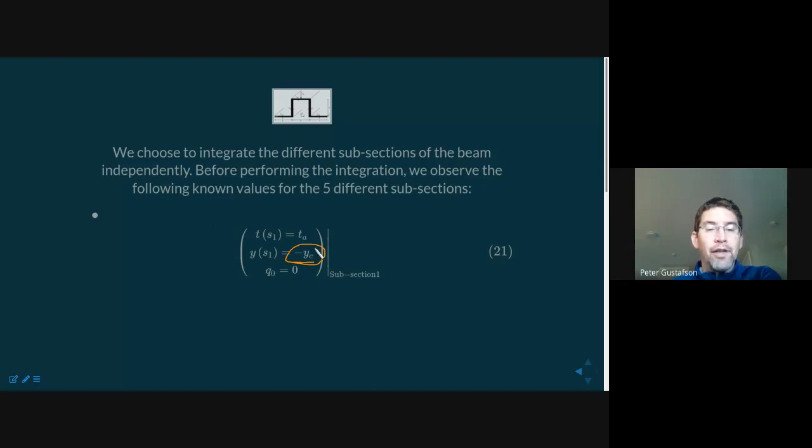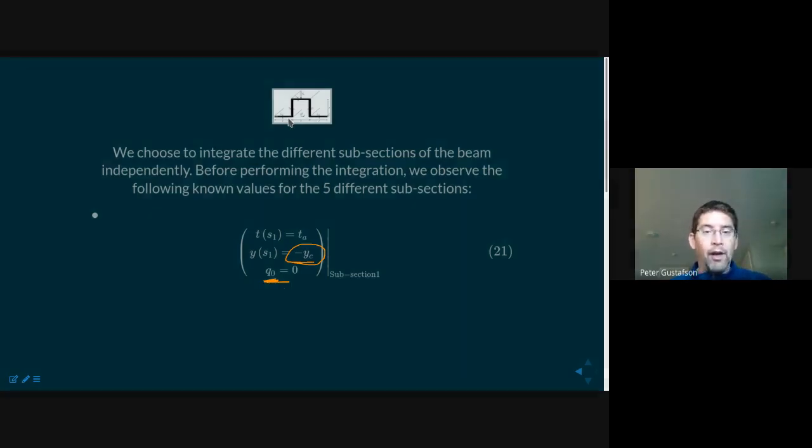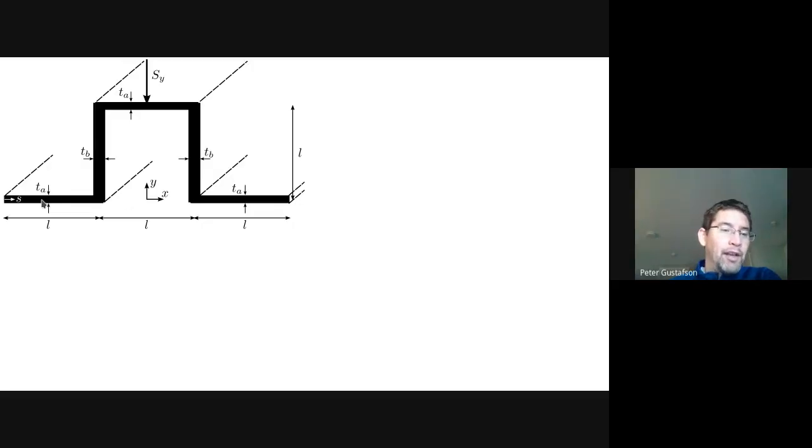Last but not least is this shear flow integration constant q0. We need to have some idea of its magnitude. It is an integration constant. As I stare at the left-hand edge, this is q at s equals 0, so s equals 0 here at the left edge. What do we know at that point? Keep in mind, what is q? q is the shear flow, which is also the shear stress times the thickness. So that's a very strong hint.